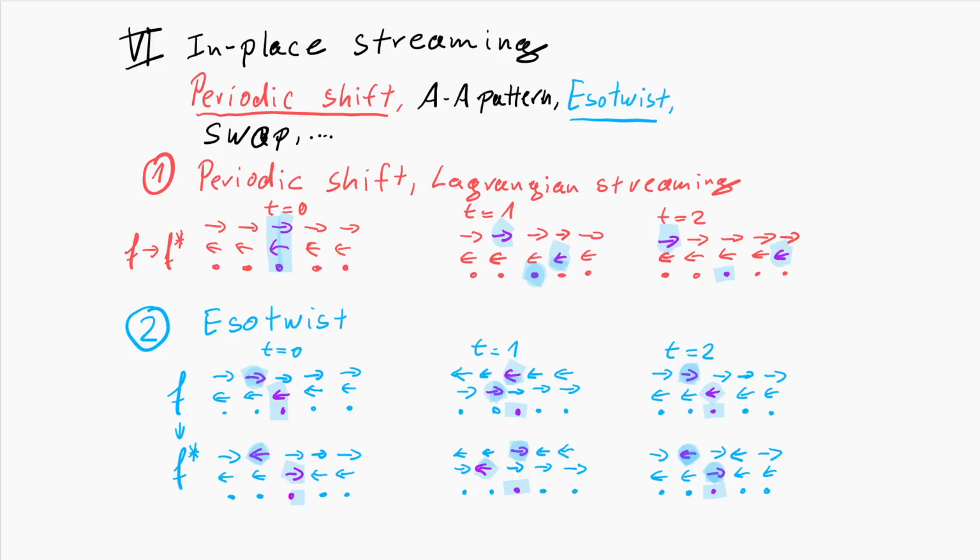Periodic shift is a very old algorithm. I believe it's almost as old as the Lattice-Boltzmann method itself, and it comes by different names. Probably one of the original names is Lagrangian streaming. So what it does is relatively simple.